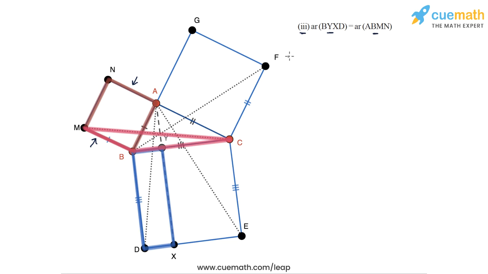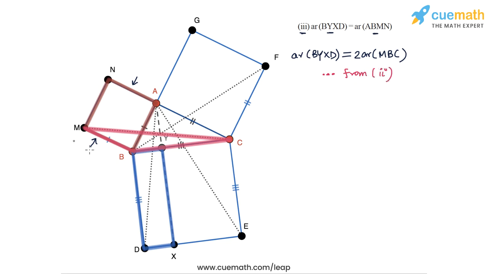So let's write out this reasoning. We have area of BYXD is twice the area of MBC, and this is simply from the previous part, from part 2.